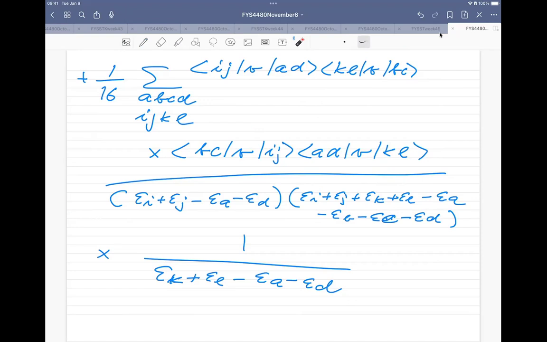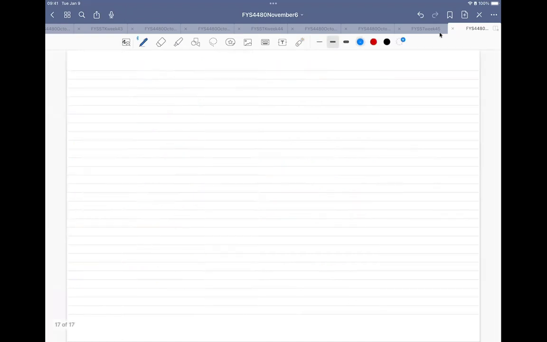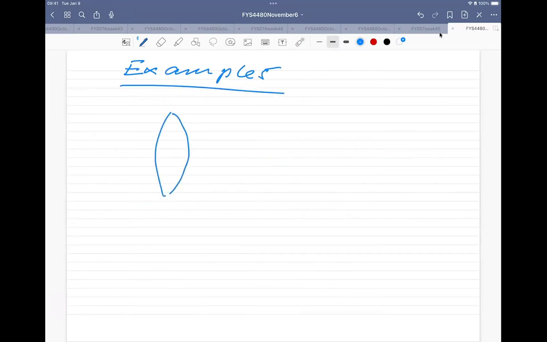So I'm going to leave you as a small exercise, 2 examples. You can try to see if you can calculate the expression for the diagrams. This is a typical 3rd order diagram, which now is going to have particle states here.